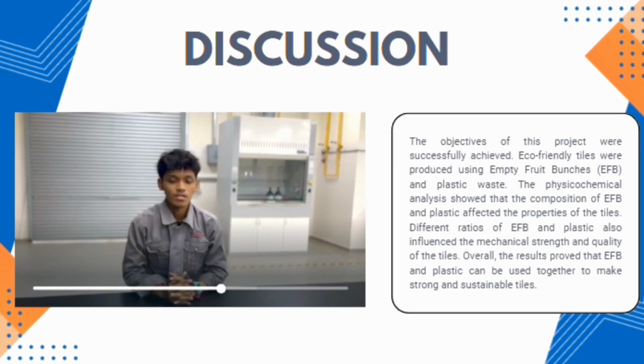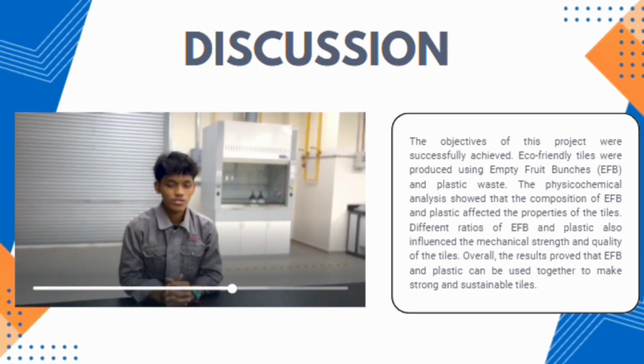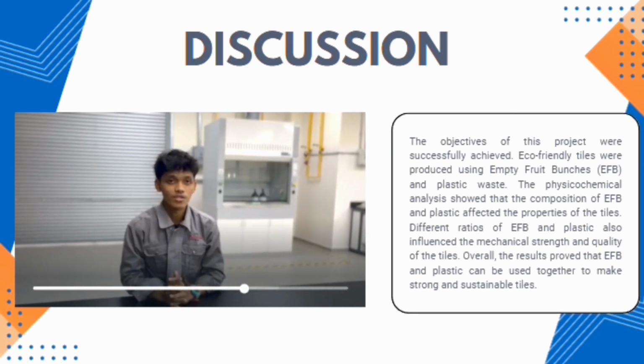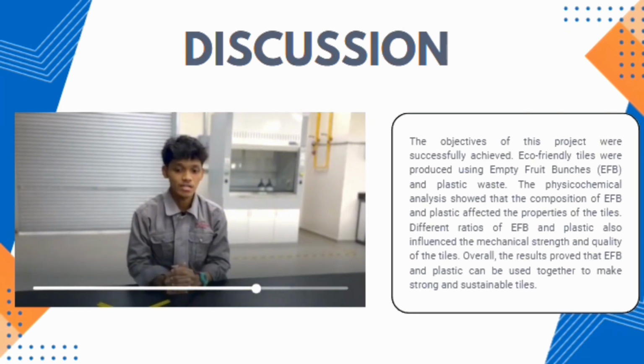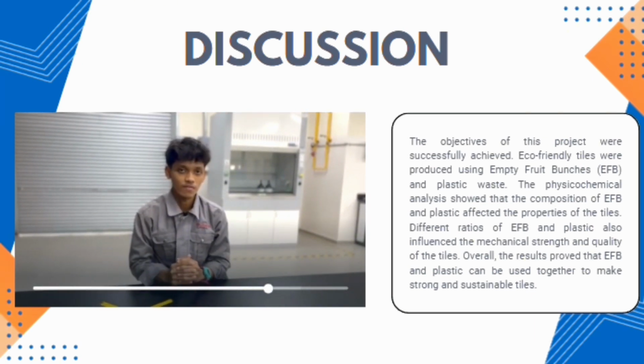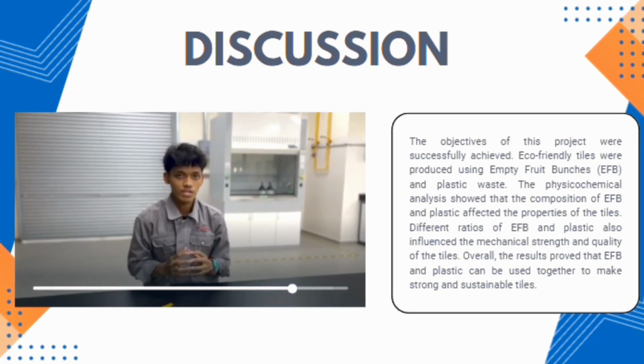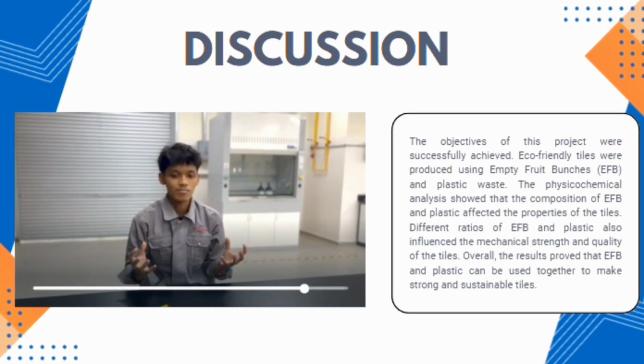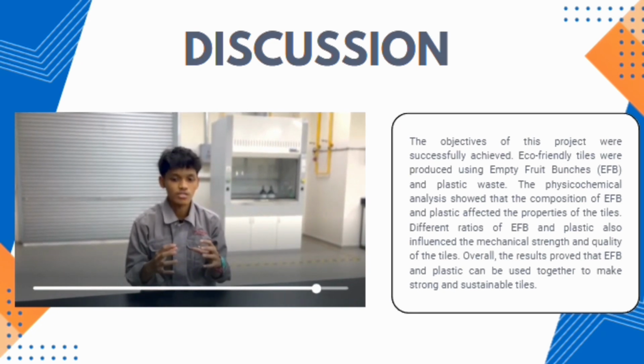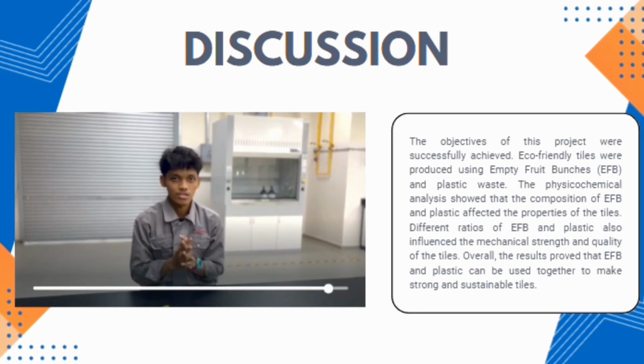For the third, different ratios of EFB and plastic also influence the mechanical strength and quality of the tiles. Overall, the results prove that EFB and plastic waste can be used together to make strong and sustainable tiles.